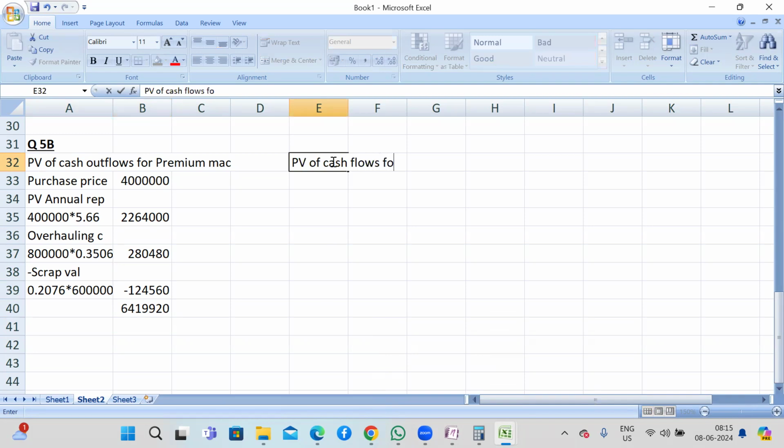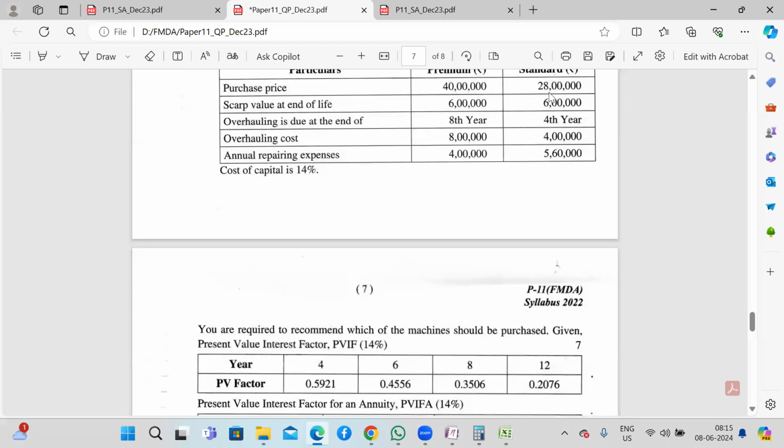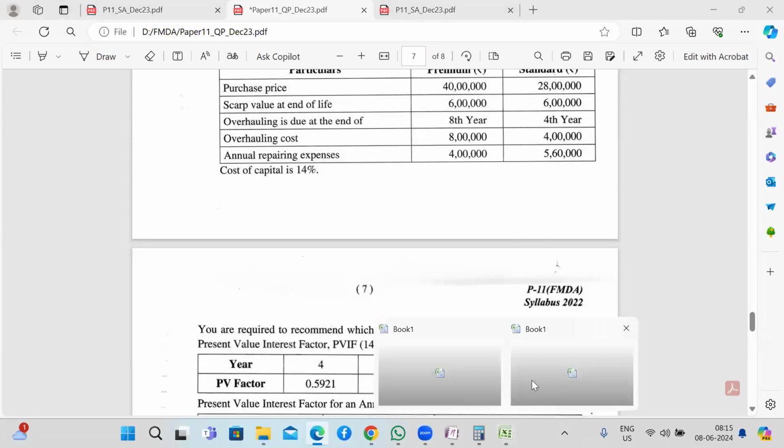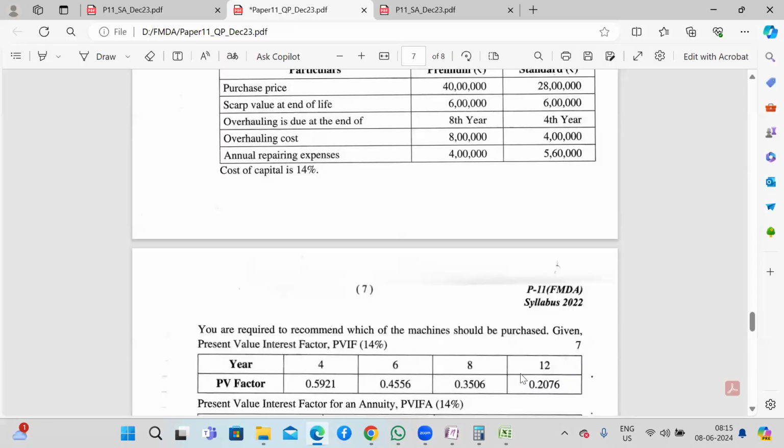Now I am going to calculate present value of cash flows for the standard machine. So what is the purchase cost for this? 28 lakhs. So repairs is 5,60,000.